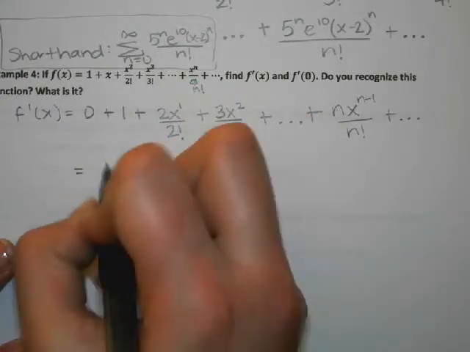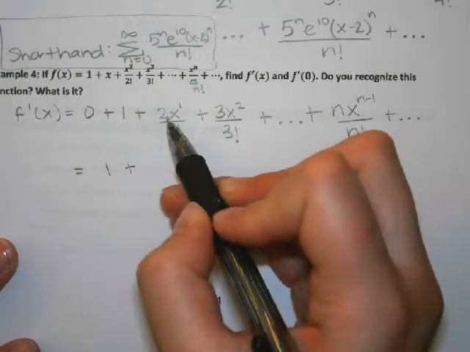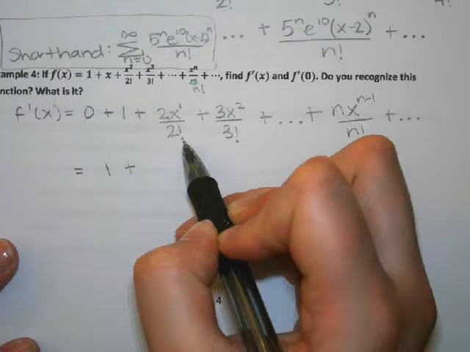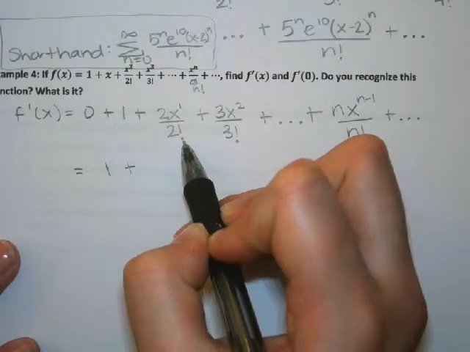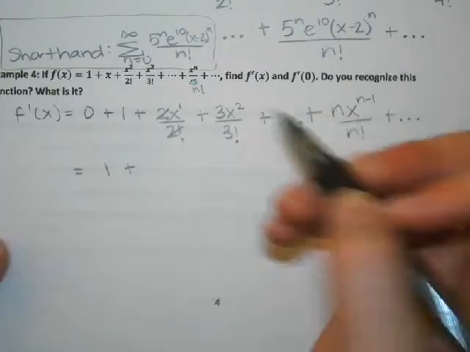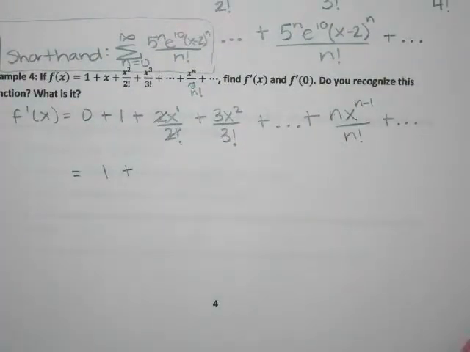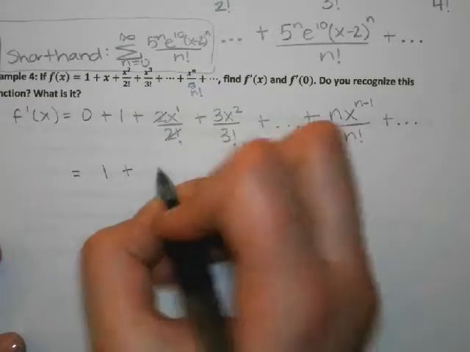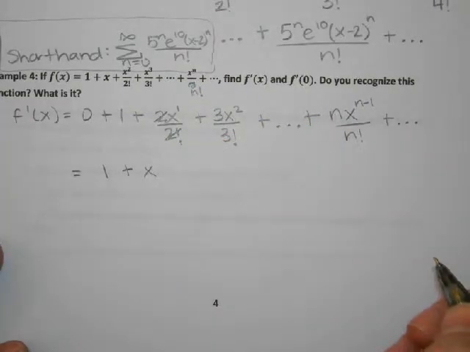So I'm going to say this is 1 plus. Now, if I have a 2 and a 2 factorial, what is 2 factorial? 2 times 1, right? So the 2 and the 2 factorial basically cancel because 2 factorial is 2. So the 2 and the 2 cancel, so that's just an x, right?